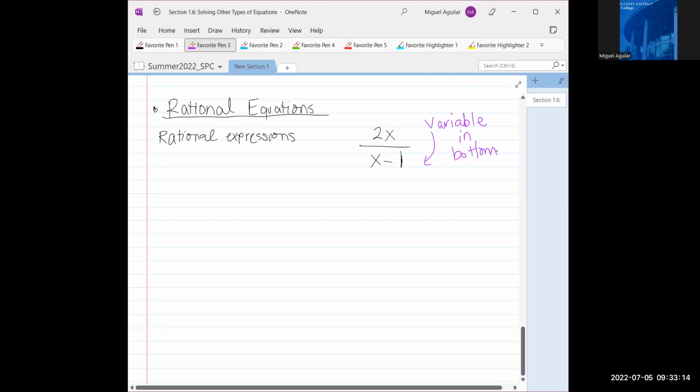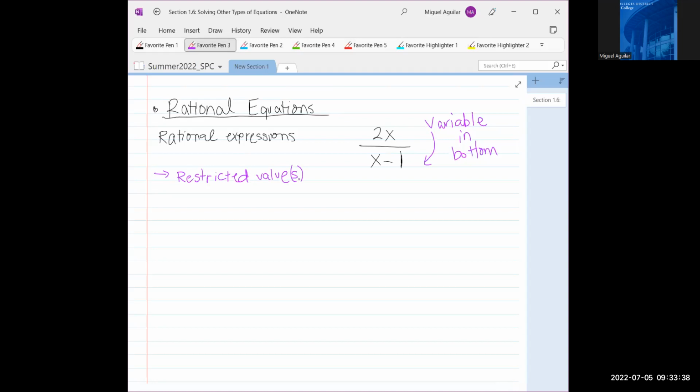If you type something divided by 0 in the calculator, your calculator explodes, tells you that it can't do it. So we came up with this concept that there's a value or some set of values that we cannot use for that expression, that are not in the domain of that expression. But every other number works.